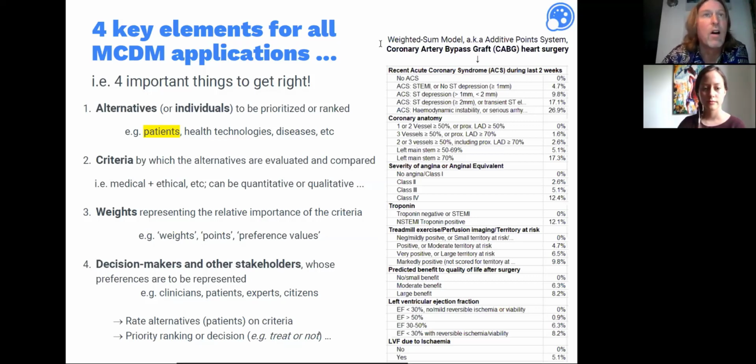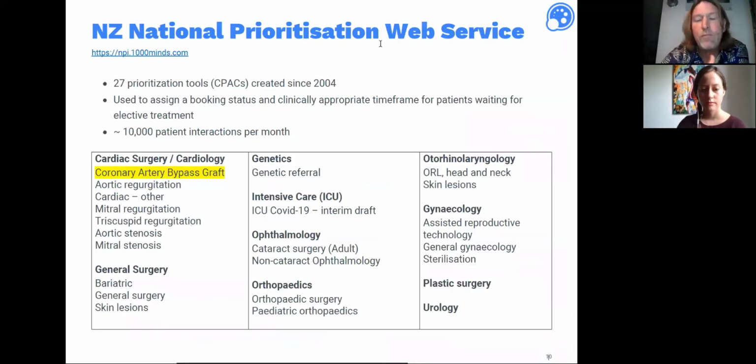This is but one of many examples that we've been involved with since 2004, creating in the New Zealand health system. There's the CABG example that I'll talk about, but there's many, many more, pretty much over 20 such tools or systems have been created with our support in New Zealand since 2004.